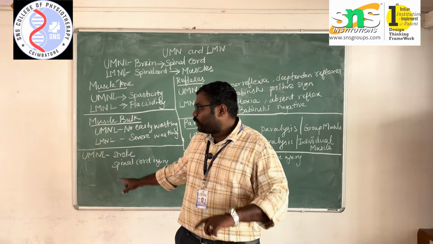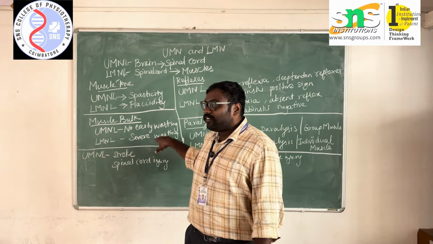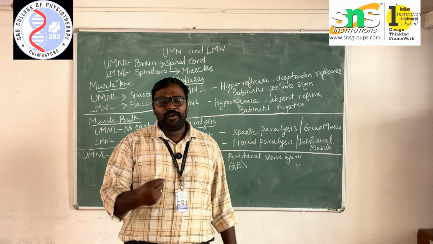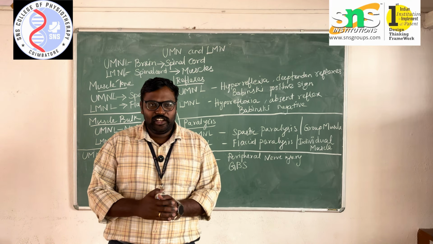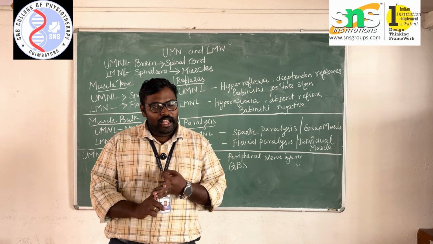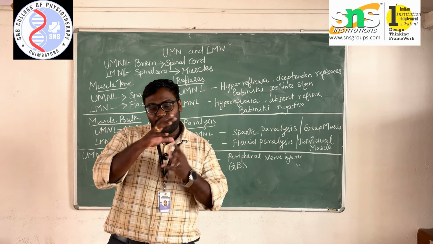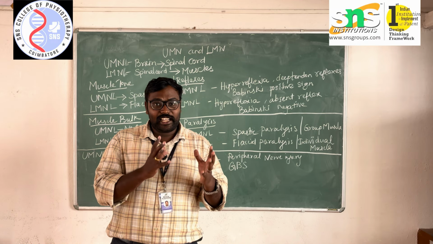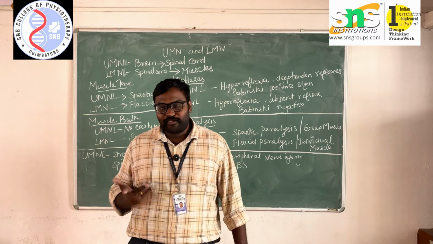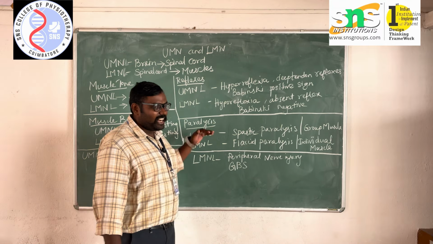Comparatively, in LMN, severe wasting at the early stage is most common. Where can we check the muscle bulk? Biceps, triceps, calf muscle, quads and hamstring. These are the major areas where we can physically see muscle bulk wasting.